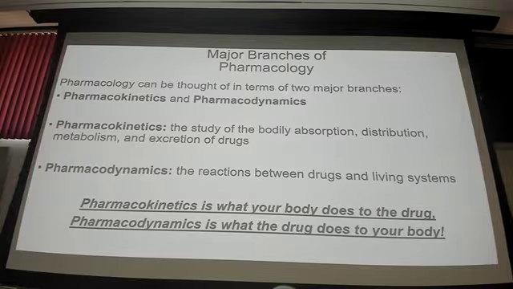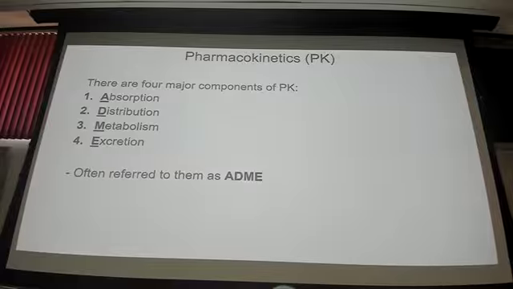All right, so this block is pharmacology, and we talked about what pharmacology is and that there are two major subcomponents of pharmacology: pharmacokinetics and pharmacodynamics. Pharmacokinetics is the study of a drug's absorption, distribution throughout the body, metabolism, and excretion.